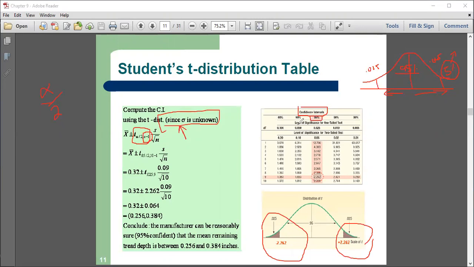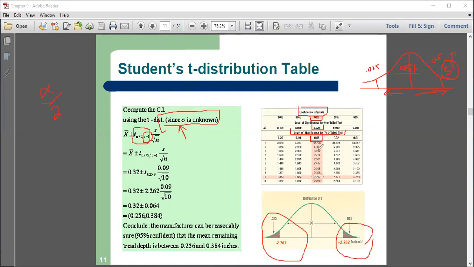Under this 95%, the level of significance for one tail is given, and then the level of significance for the two tail is given. We are going to find this for the two tail test, which is 0.05, or the 5% level. n is 10, so 10 minus 1 is equal to 9. So we will see the value corresponding to these two values.